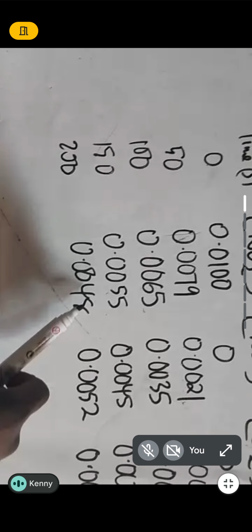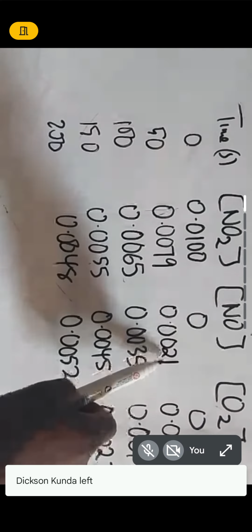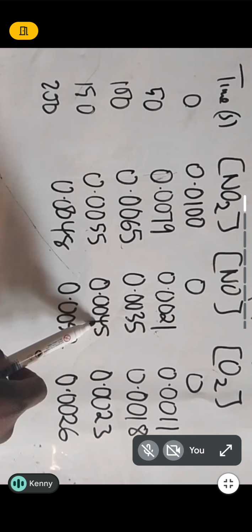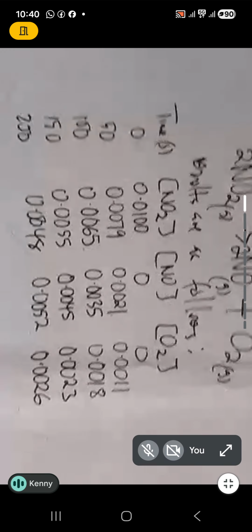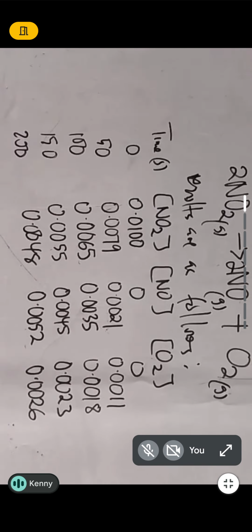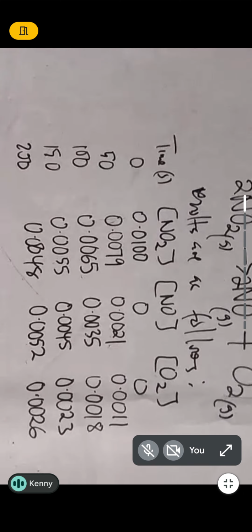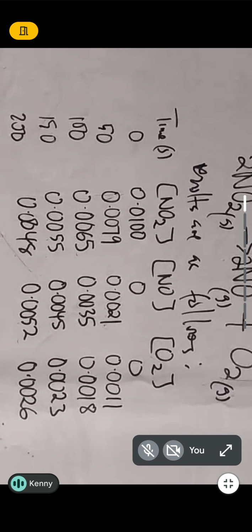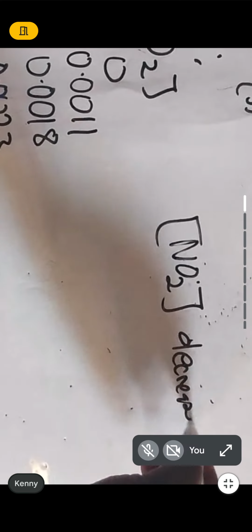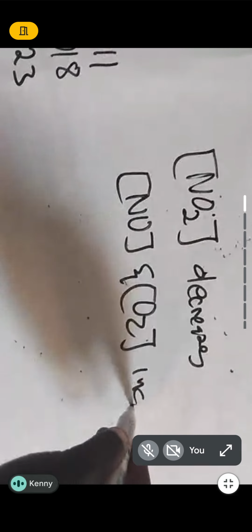Clearly here you can see that the concentration of the reactants decreases and that of the products increases. The concentration of NO2 decreases, while the concentration of NO and the oxygen increases.